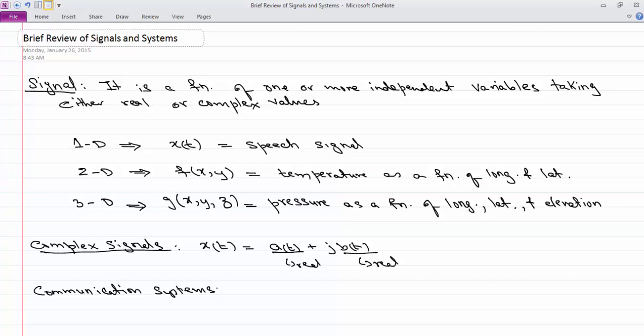And if you want to think of the complex signals, while mathematically we can describe them in this polar diagram and all that, one way to think of it is as a signal which has two pieces to it. One is the real piece, and one is the one that is associated with the imaginary part.